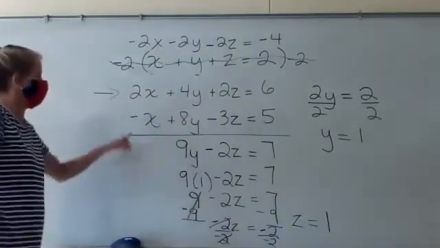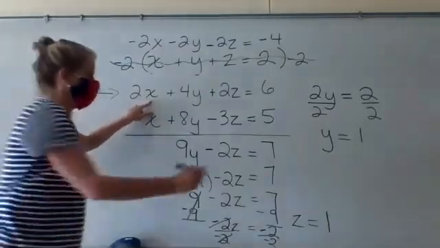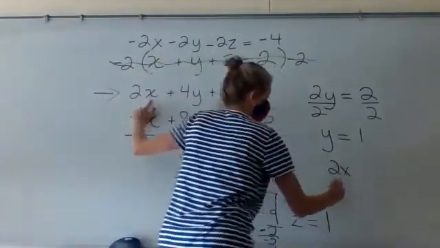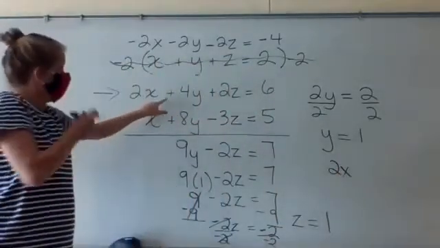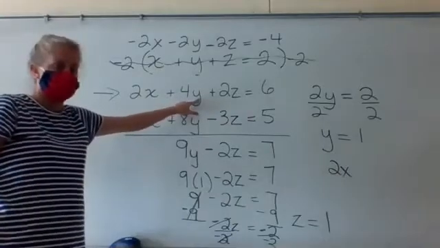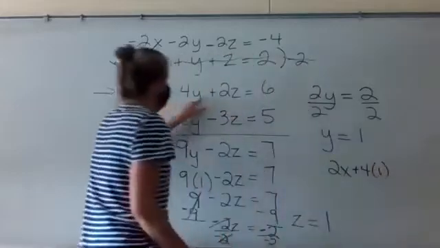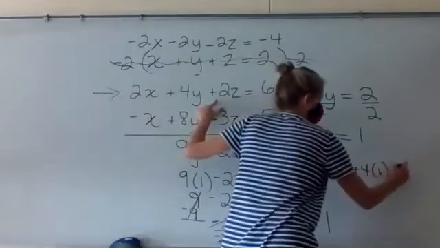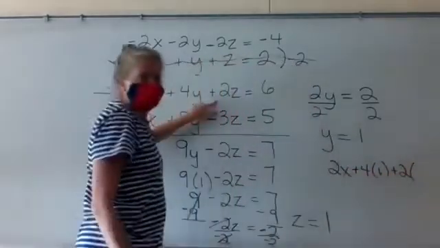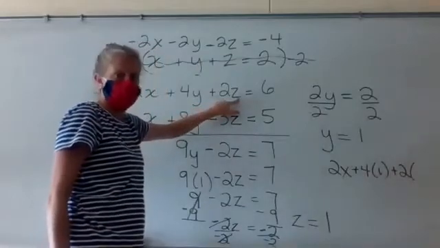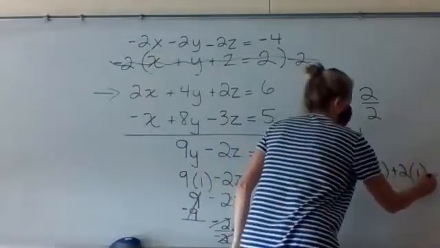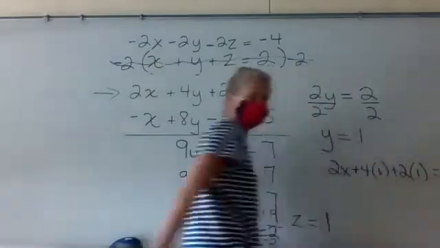So let's look at what that looks like. So I still have 2x plus 4 times 1 plus 2 times 1 again, right? Z is 1, equals 6.